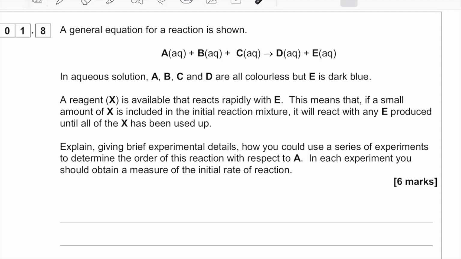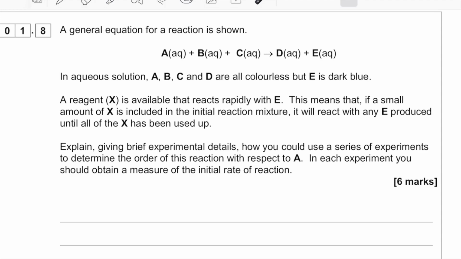So A is going to be our independent variable. It's going to be A that we change the concentration of. The thing that we're going to be measuring is the time it takes for the solution to go dark blue. That's because E is dark blue, and X is buying us time. X has to be used up before we will get the solution turning dark blue.